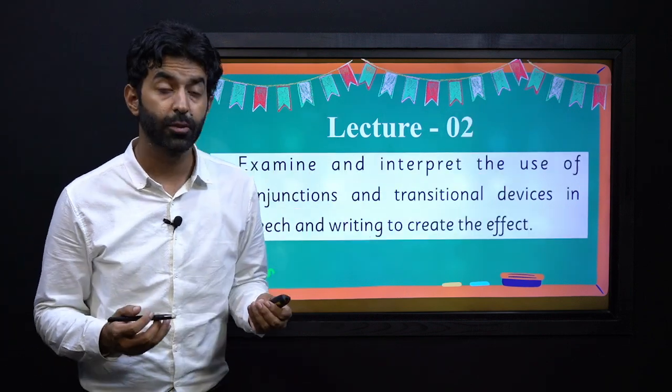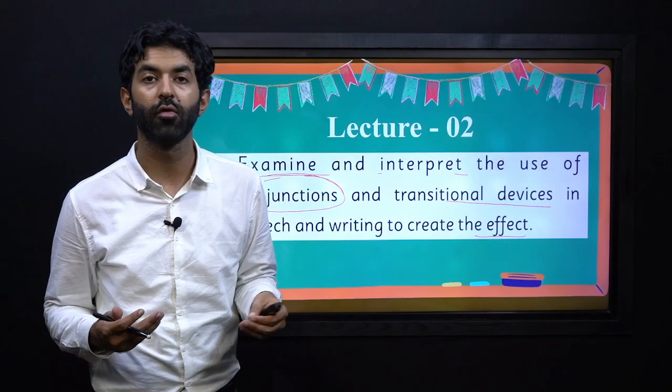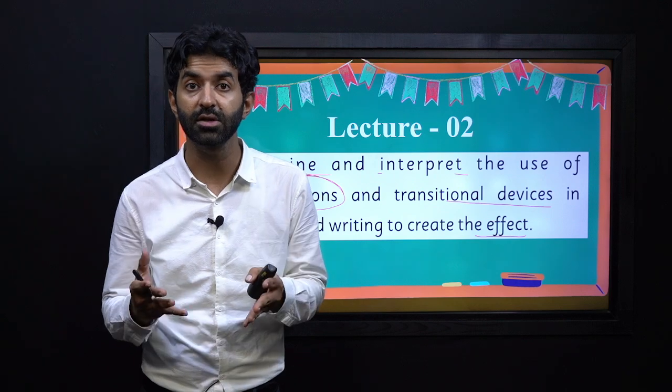Now, for lecture number 2, you have to examine and interpret the use of conjunctions, which is a part of speech. We are well aware of it, and we are also going to see what transitional devices or transitional words are in speech and writing to create the effect, and who are we creating the effect for, the reader or the listener.